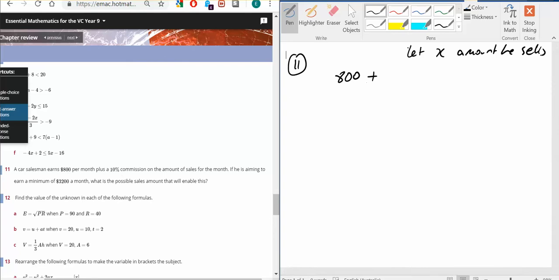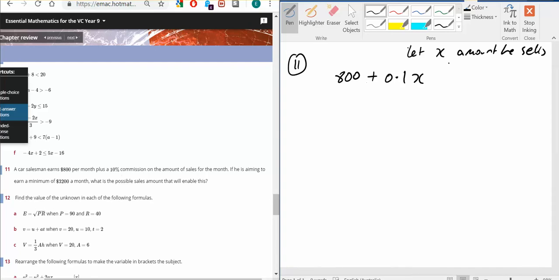It's the amount he sells. So if someone bought a Toyota for $30,000, then the amount would be $30,000. So 10% of something would be the same as 0.1 times the amount. Whenever I say 10% of something, you're just multiplying by 0.1.